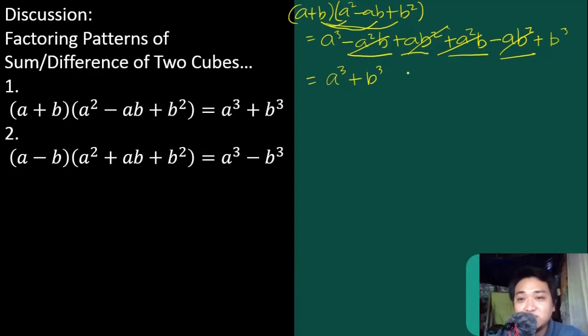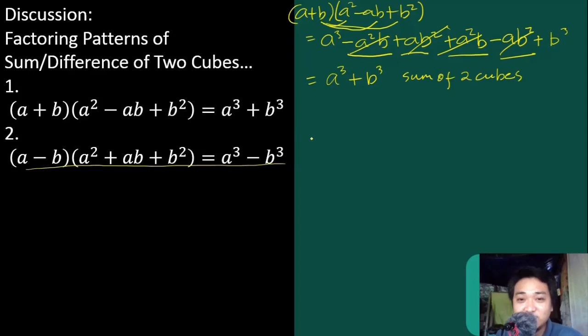We call this the sum of two cubes. And the factor of the sum of two cubes is a binomial and a trinomial. Yun yung pinaka explanation dyan. Wag nyo lang kalimutan, the factor of sum of two cubes is a binomial and a trinomial. How about this? Paano to?